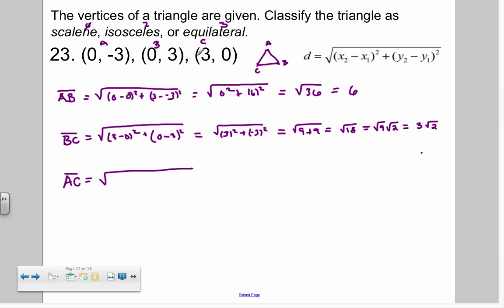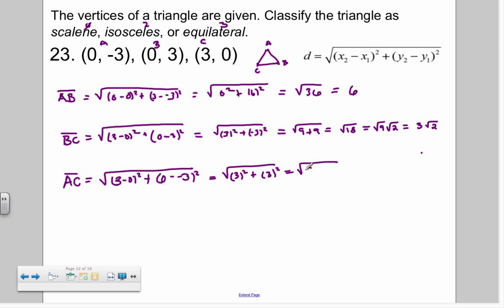So plugging in AC, I'm going to have 3 minus 0 squared plus, and then my y2 would be 0 minus negative 3 squared. 3 minus 0 squared is 3 squared, plus 0 minus negative 3 is actually also 3 squared.